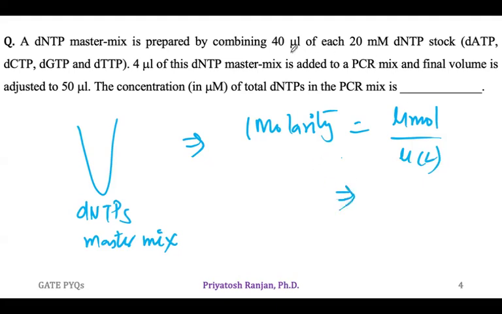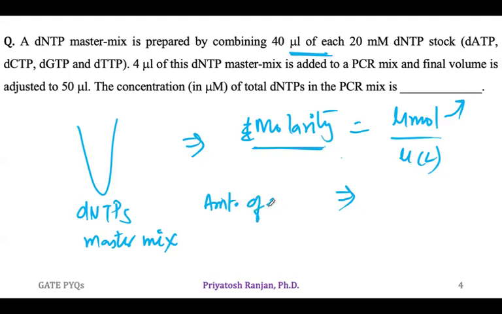However, remember, the values are given for a single dNTP. So first I need to calculate micromole for each, and then I need to calculate the molarity. Don't get confused when I'm saying amount. When I'm saying amount, that means in the form of a mole or a micromole.